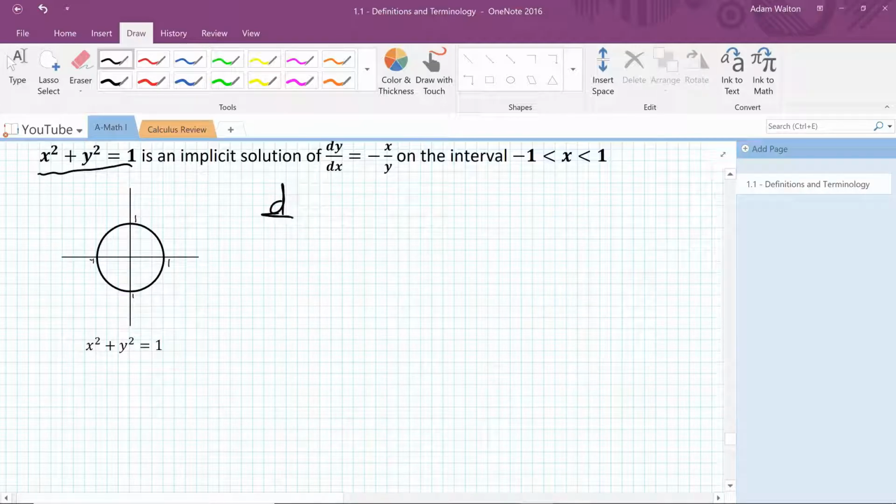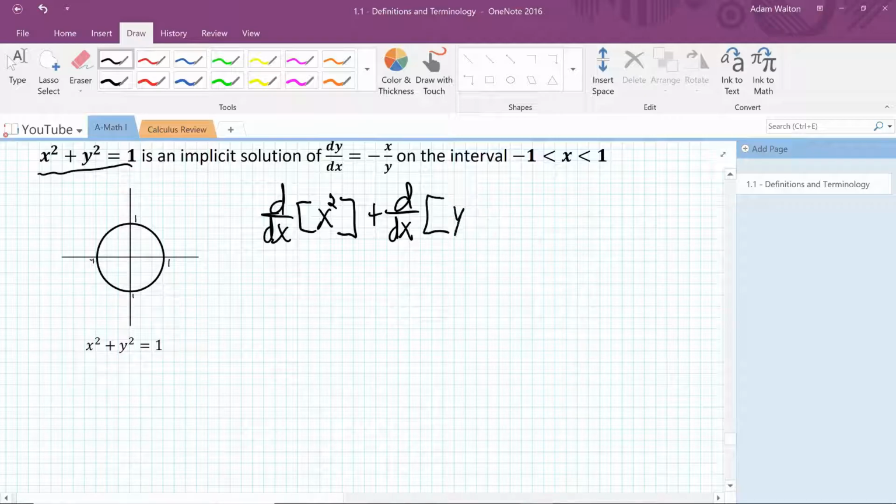So we're going to have the derivative of x squared plus the derivative of y squared is equal to the derivative of 1.